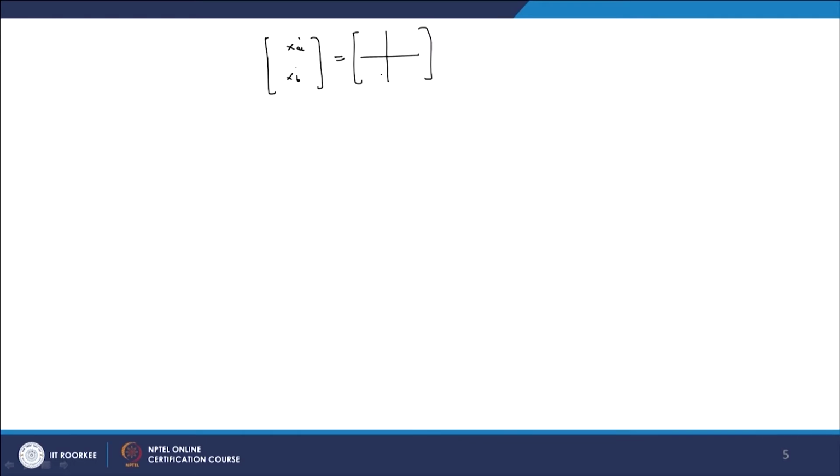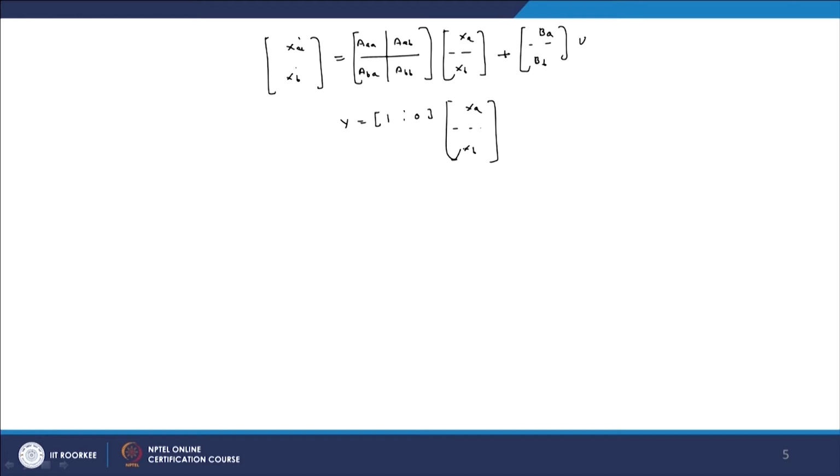Now this has to be written in matrix form, that is, the A matrix can be written as A suffix AA, A suffix AB, A suffix BA, A suffix BB, and the states x a, x b, plus B a and B b into u, and the output y can be written as 1 0 times x a and x p.